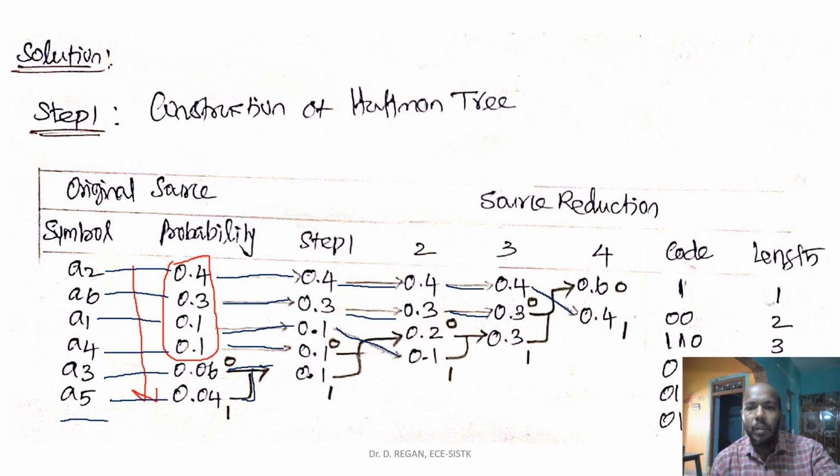So here, 0.6 and 0.4. I assigned 1 to 0.4. If I trace 0.4, which is actually not a compound symbol probability value, it is originally from A2, so I changed the color for the sake of understanding this trace.